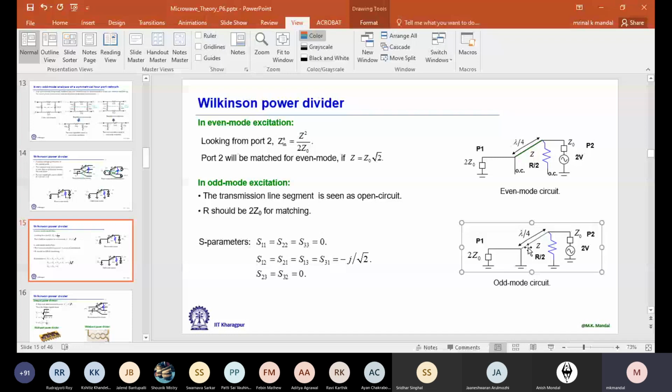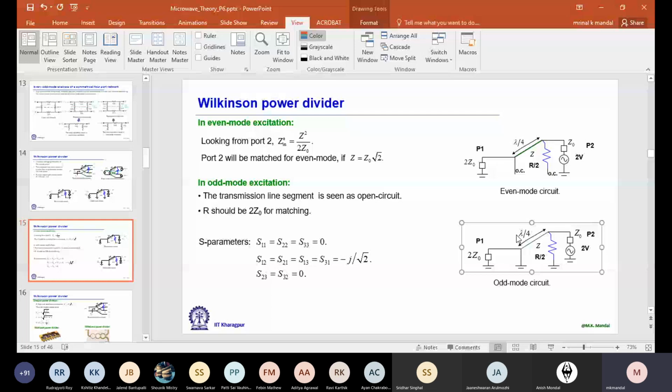For a quarter wavelength transmission line, if the other end is short circuited, from this end what will I see? The impedance becomes infinite, an open circuit. So we don't have any effect. Basically you can completely delete the lambda by 4 part and the twice Z0 part. It does not have any effect on port 2.